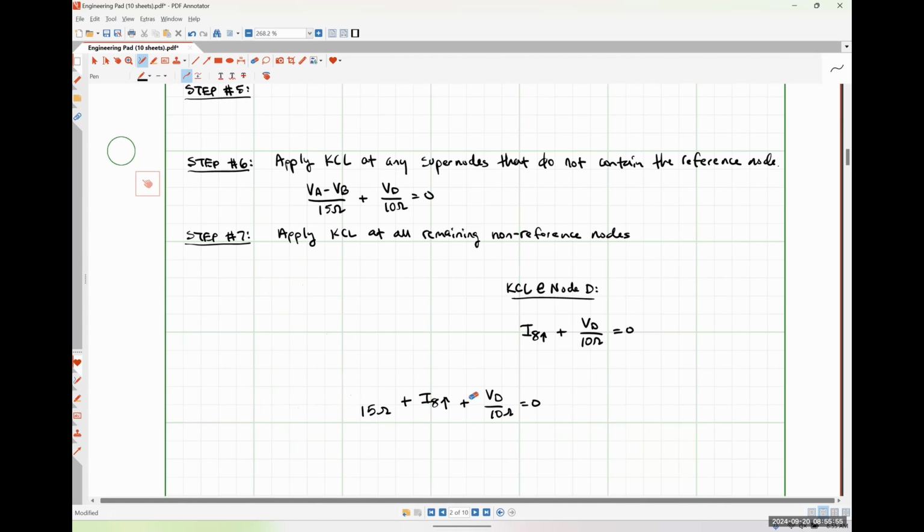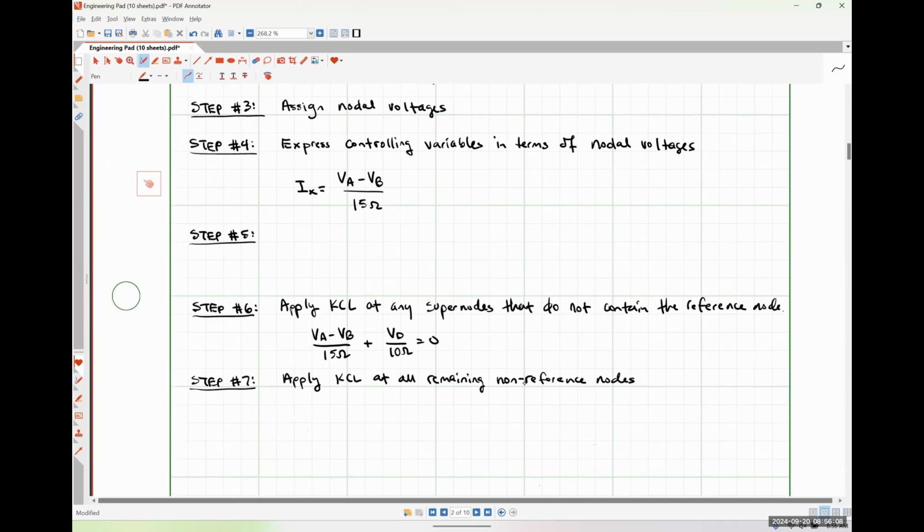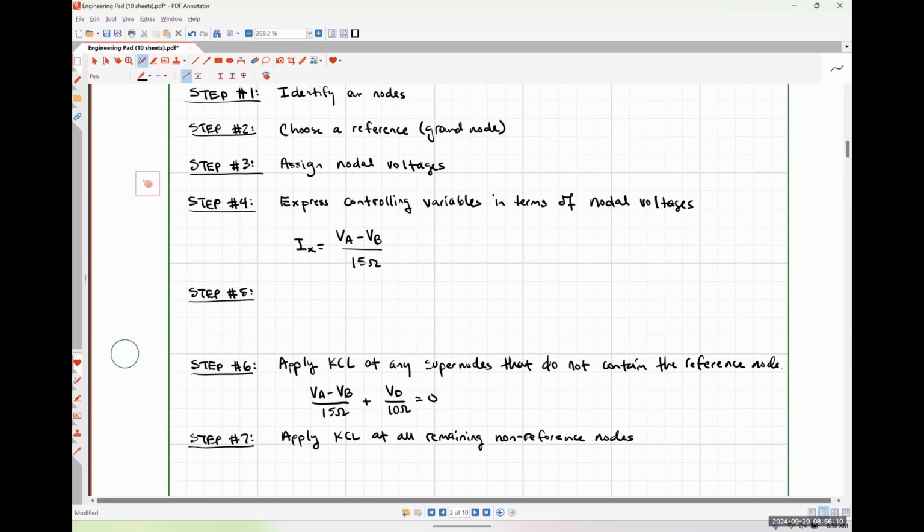So now let's go back and revisit step number 5. So when we performed nodal analysis on our first circuit that only had current sources, we had an equation for each of our nodes, right?